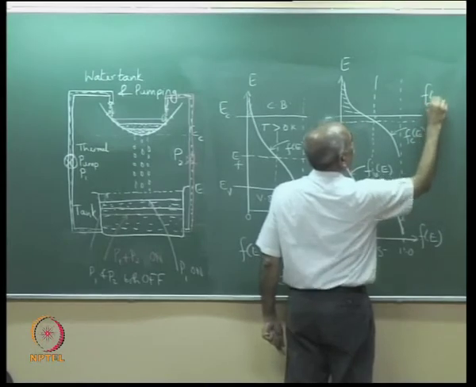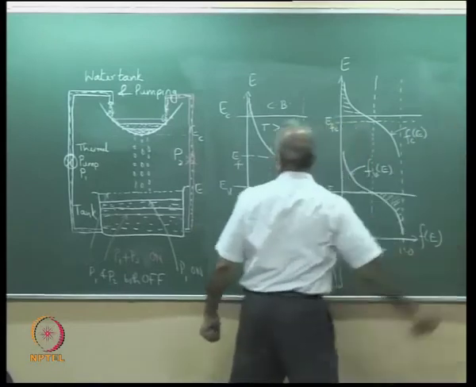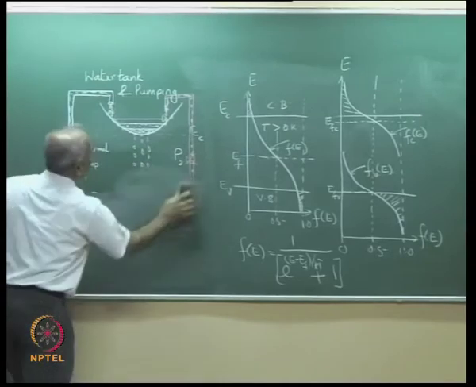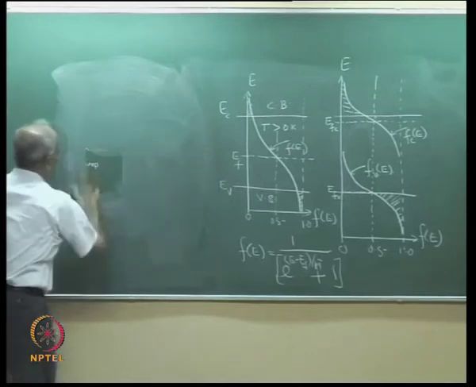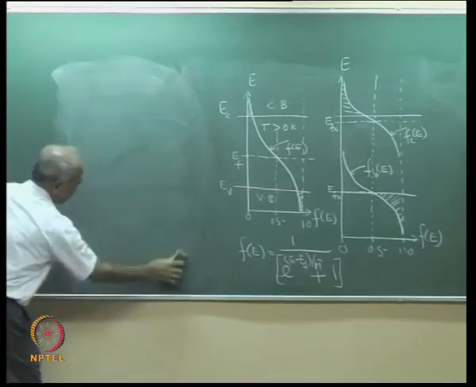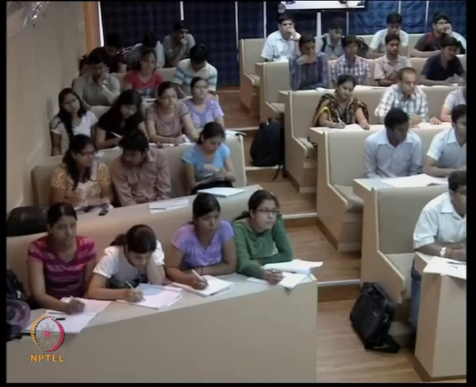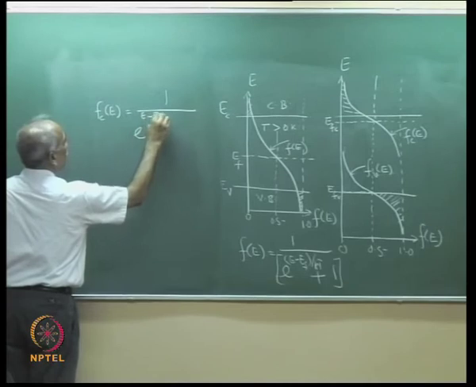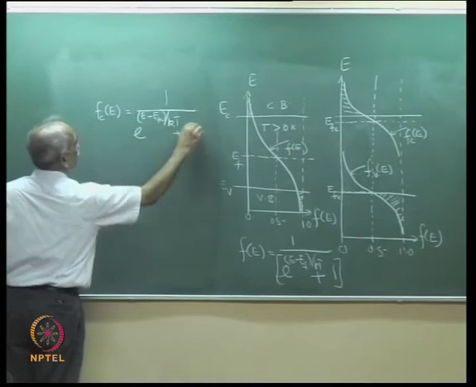Fc of E. Okay, let me write on this side. This may go out of view. Let me erase this picture. Where Fc of E is equal to 1 divided by e to the power E minus EFC by kT plus 1.